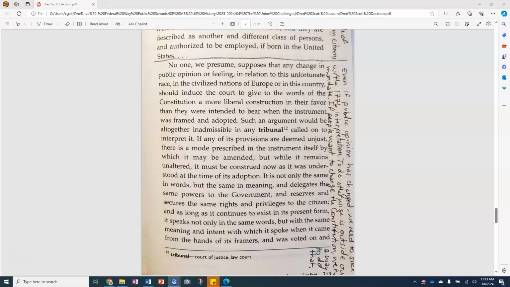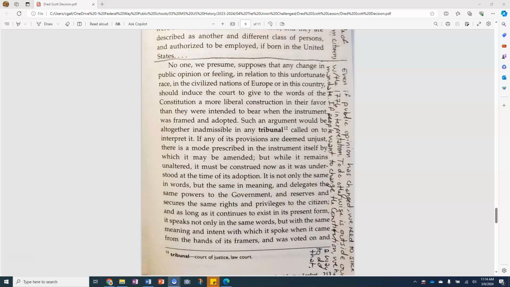Okay. So he's saying, we don't think anybody would think we should go beyond what was intended in the 1780s when this was adopted. Such an argument would be altogether inadmissible in any tribunal, any court of law, called on to interpret it. You could not ask the courts to do this. If you think that this interpretation is unfair or unjust, there is a way to modify the Constitution, and you should do it.